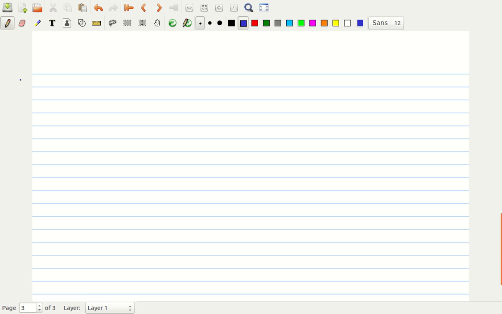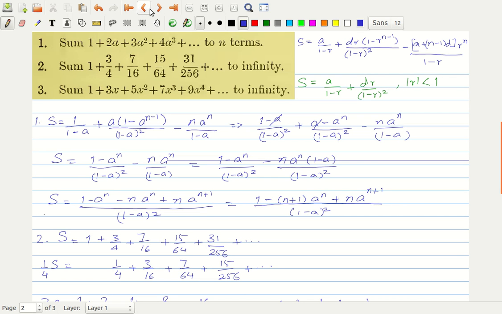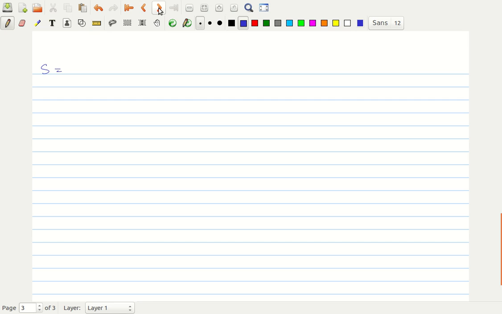Our series is 1 plus 3x plus 5x square plus 7x cube plus 9x to the power 4 and so on, and we have to sum it till infinity.